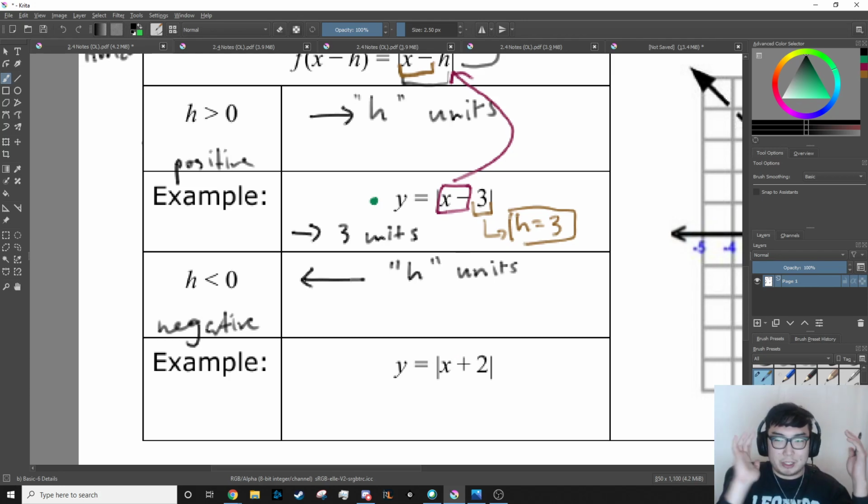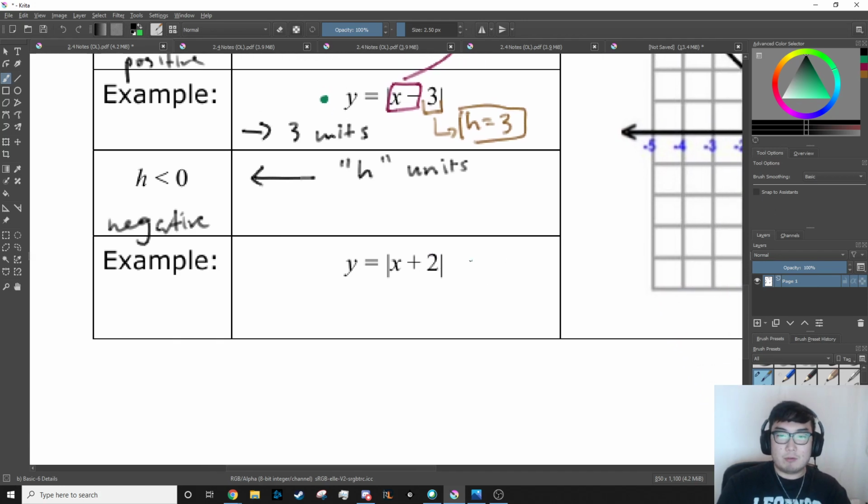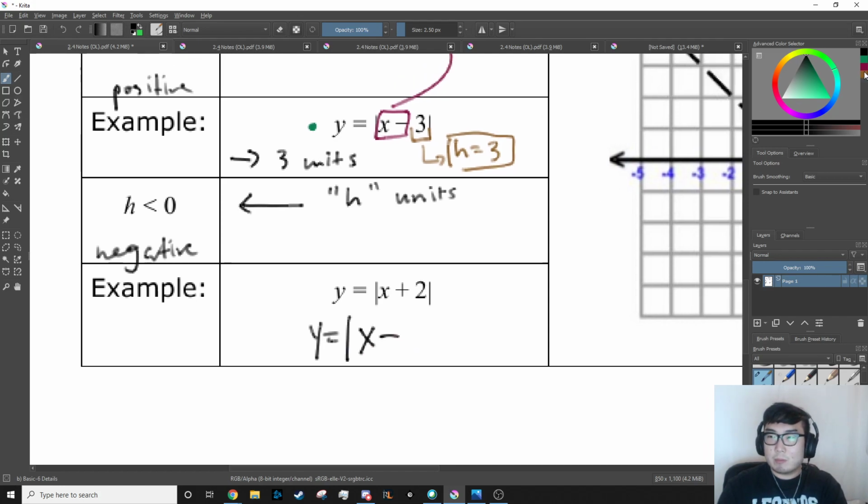We would always think that if it's adding, it should be going to the positive direction. But really, this equation is saying y is equal to absolute value of x minus, and I got this minus from my base equation.